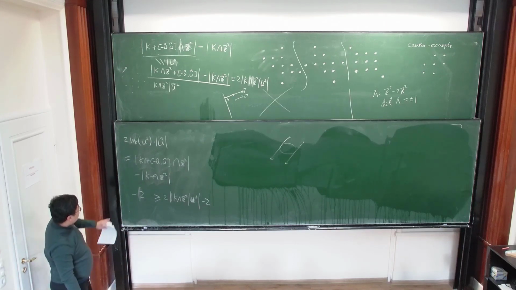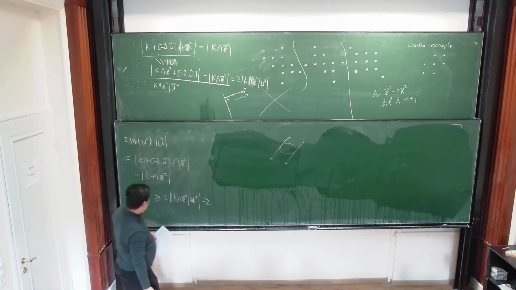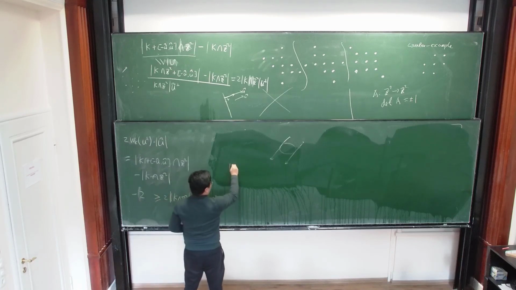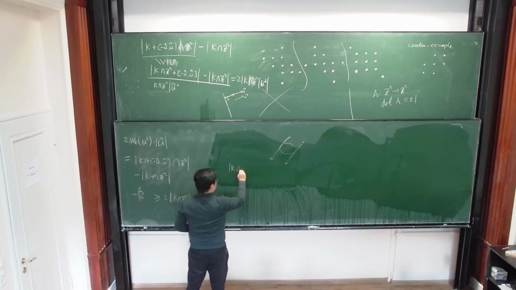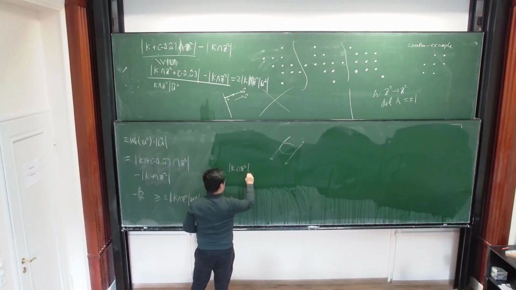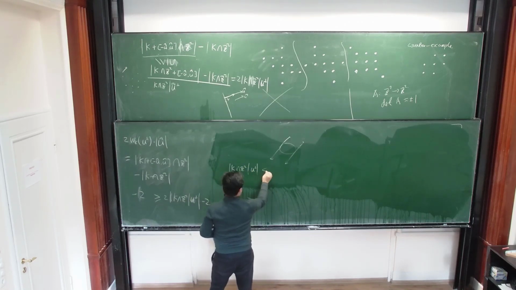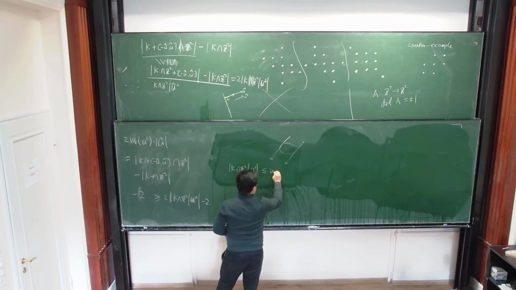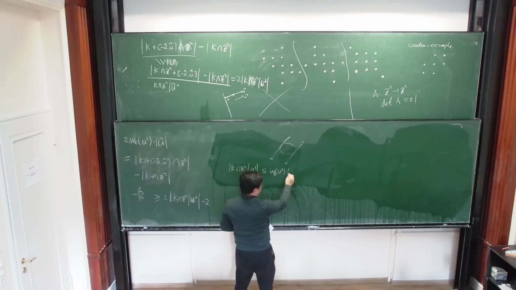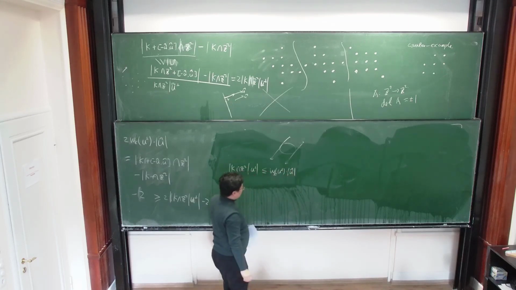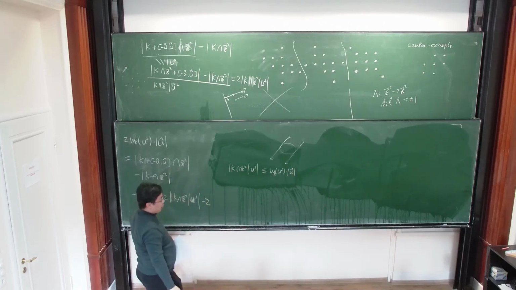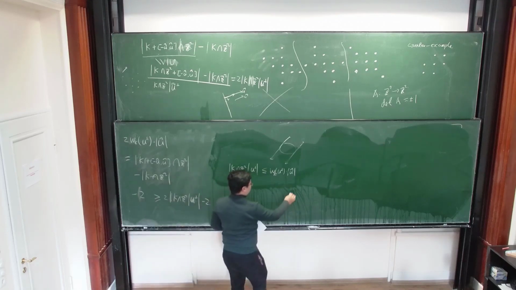So finally, from this one, you get the projection is less than or equal to the width times the length of the primitive vector plus 1.